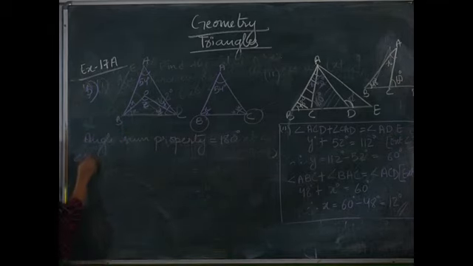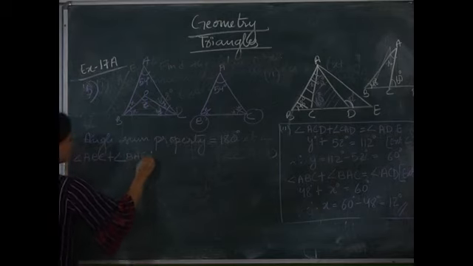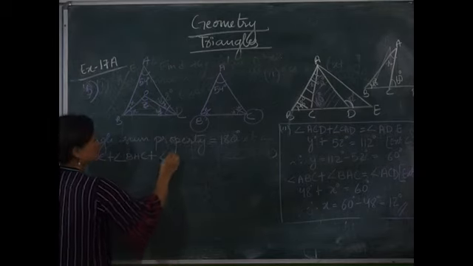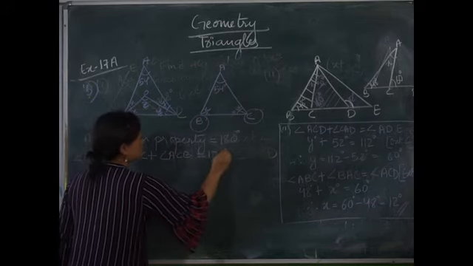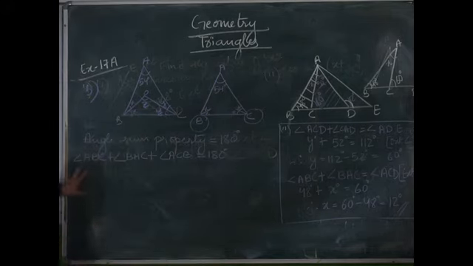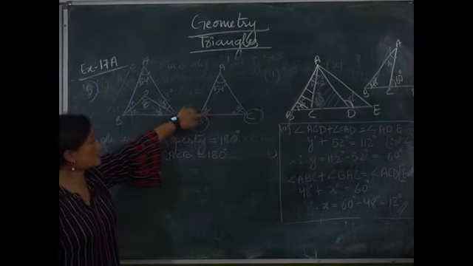So, angle ABC plus angle BAC plus angle ACB is equal to 180 degree. ABC is this angle. So here it is x and x.